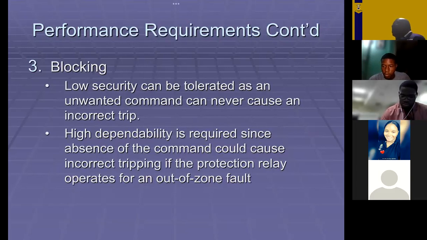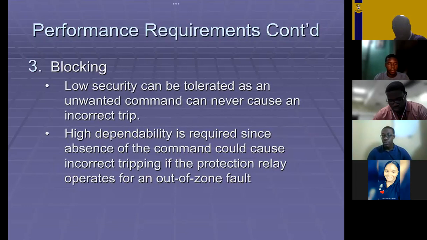So if the communication that is available in an area is not very secure, meaning the disturbances and noise present in the area can give you a false signal, but it is highly dependable, and a dependable medium here could very well be a copper pair, it is dependable but not very secure because of its exposure. It can pick up noise. We're saying then maybe a blocking scheme is what you want to use.